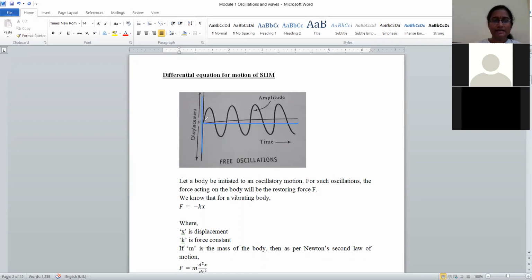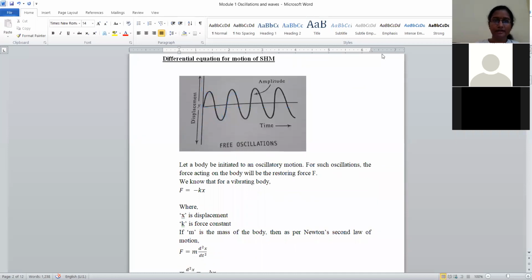It starts making the oscillation, and it is a wave. This is the amplitude, the maximum displacement, and the time taken to complete one wave or one oscillation is called the time period.